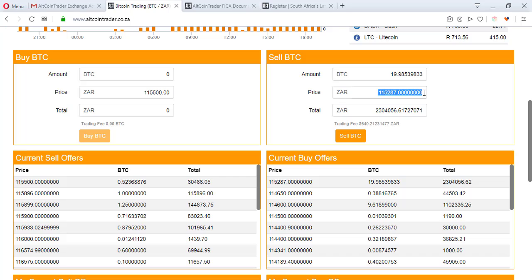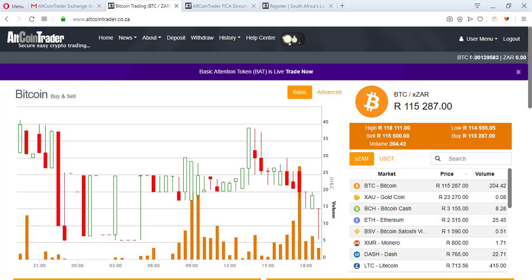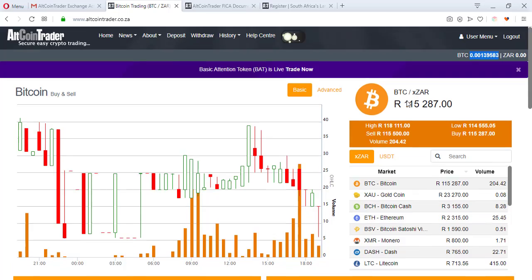But however, if I want to change it, if I want to put more, if I want to sell, okay, I'm not in a rush to sell. What I'm going to do right now, I'm going to just put my own price and wait for Bitcoin to reach that price, okay? But right now what I'm going to do is I'm going to sell it with the current price because I really need these rands very fast, okay?